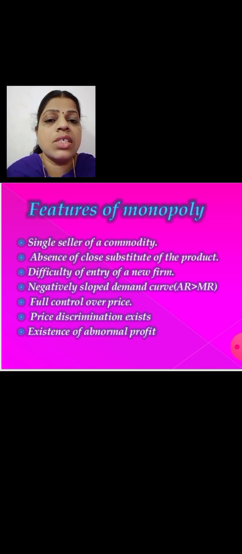The next one is absence of close substitutes of the product. So here in monopoly, I told you only one seller is there in this market, not more than one. And the next one is the absence of close substitutes of the product.